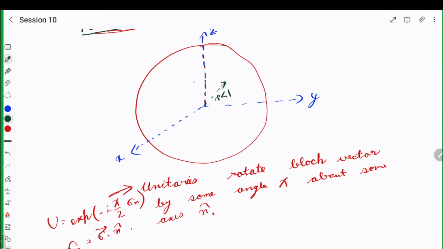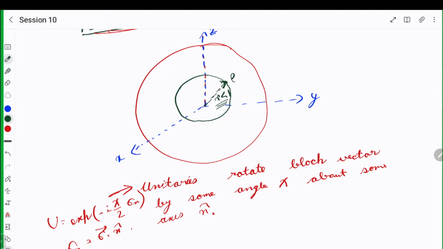If you draw a smaller sphere here, then by acting unitaries on this state, let's say rho, you can go to any point on this subshell of fixed radius r, because rotations cannot change the length of the vector.